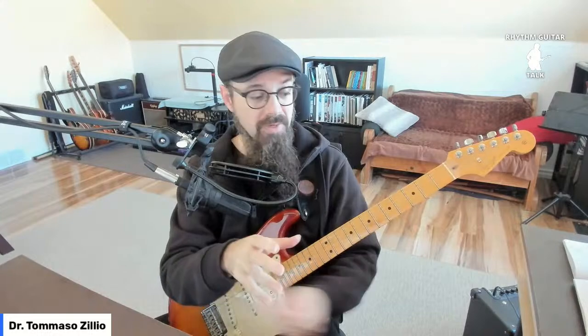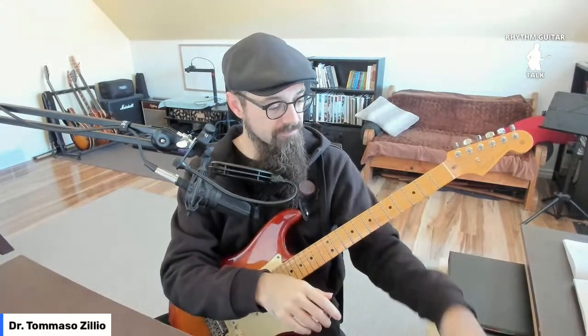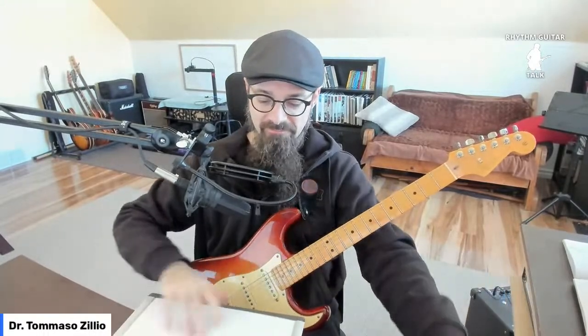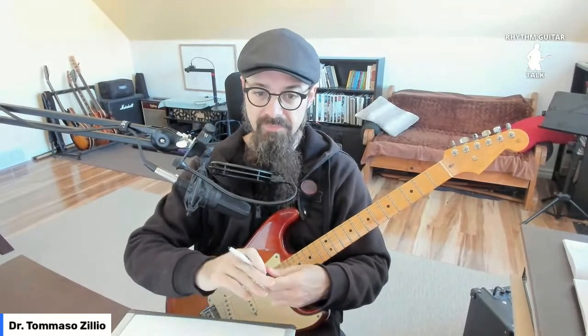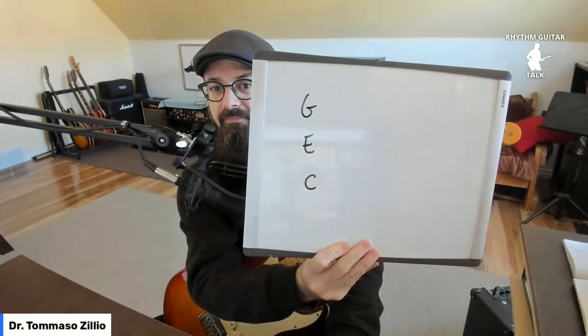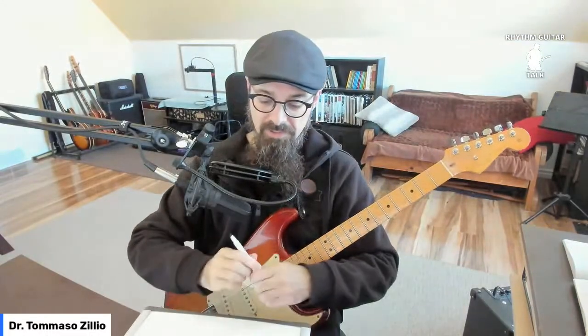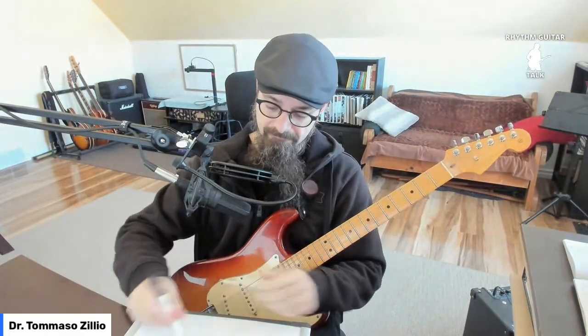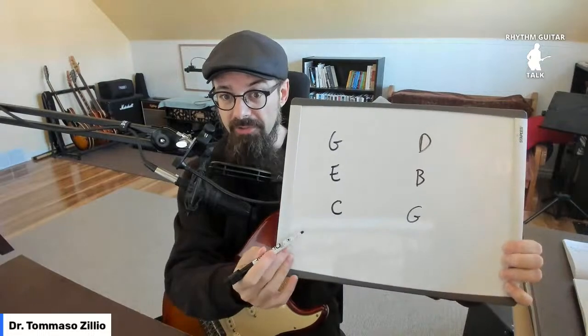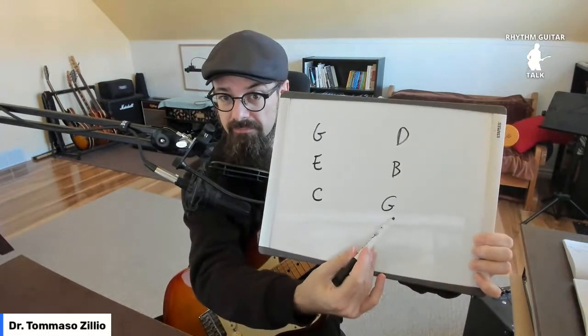So look at that. Actually, let me grab a little whiteboard. So one chord, the C chord, it's C, E, and G. The G chord is G, B, and D. You notice that both chords have the G note in common.